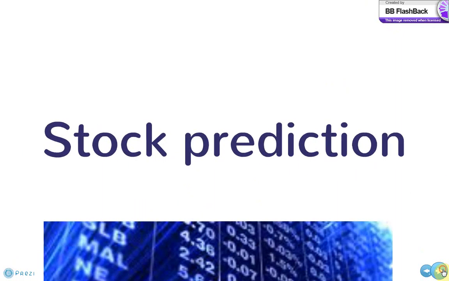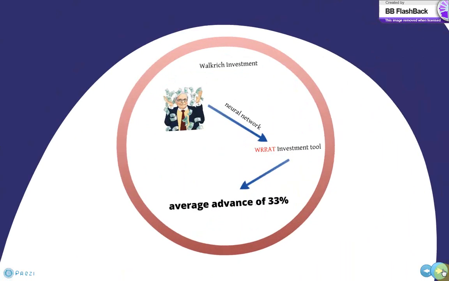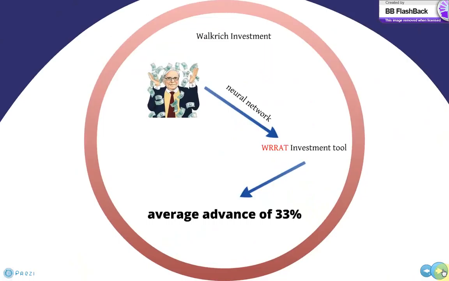Stock prediction. In the stock market, within such a volatile climate, Wall-Rich Investment successfully developed an investment portfolio which achieved an average advance of 33%. The secret to their success is they basically created an investment tool, WRRAT, based on Warren Buffett's insights and theories.